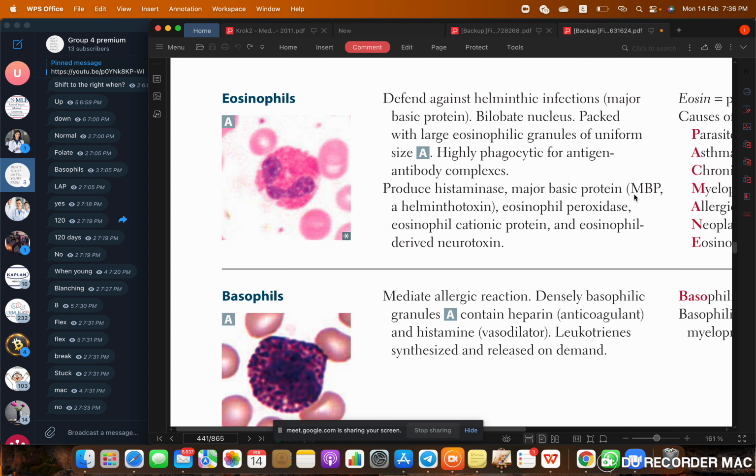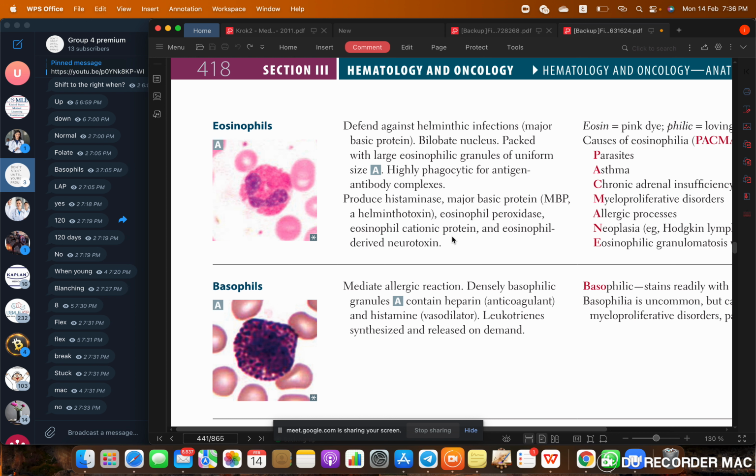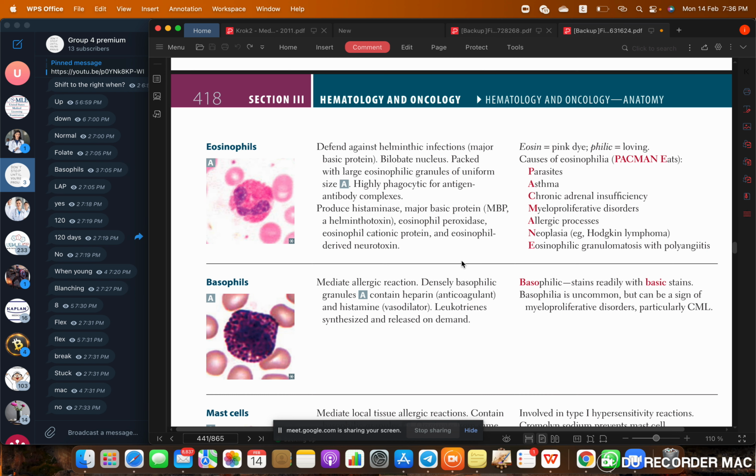It helps to kill the helminth, okay? Not for the allergy. So major basic protein and helminthotoxin, which kills the helminth. Eosinophil peroxidase, and we have the eosinophil cationic protein and the eosinophil-derived neurotoxin. All of these are super important for killing the parasites.